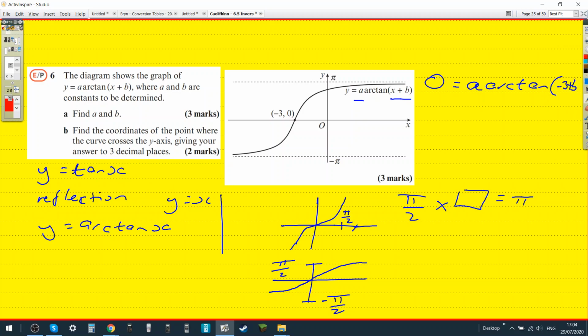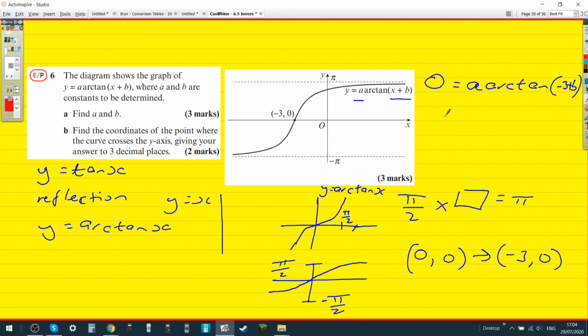Where does this one, what's the y-intercept on y equals arctan x? 0. Yeah. And so 0, 0 became minus 3, 0. What does that tell you about b? It's minus 3. So b must be minus 3.